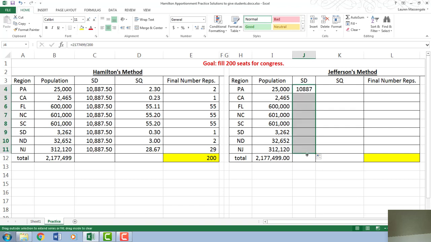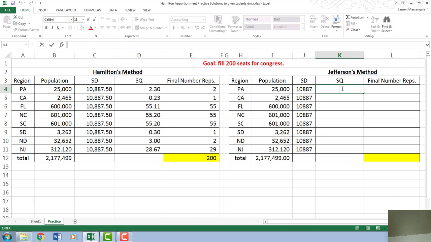And I'm going to drag that down because they all have the same standard divisor. Standard quotient, this is the amount of representatives, but with the decimal part. So that's equal to, remember, the group population divided by your standard divisor. Drag that down. Okay, so I can see how many people each state's getting.